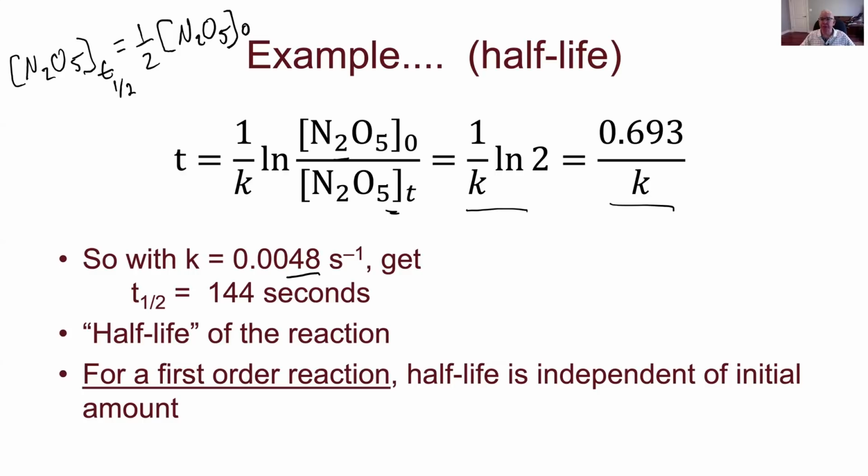There are two fields in which half-lives are commonly used. One is to describe radioactivity, because radioactive decay is always a first order process. So the half-life of a radioactive decay process is the amount of time it takes for half of the original sample to decay. The other place, somewhat oddly, is the pharmaceutical business, where people talk about the half-life of the active ingredient in a medication in your body.